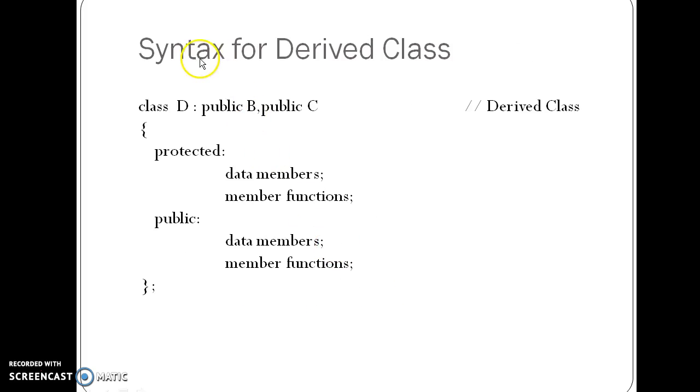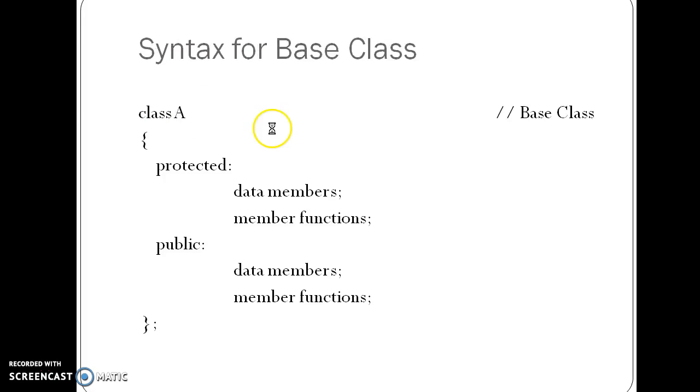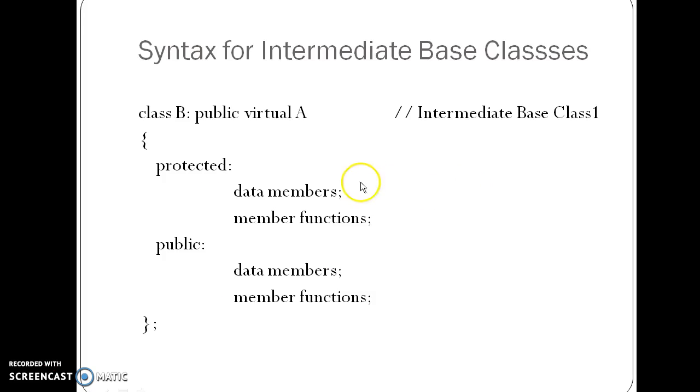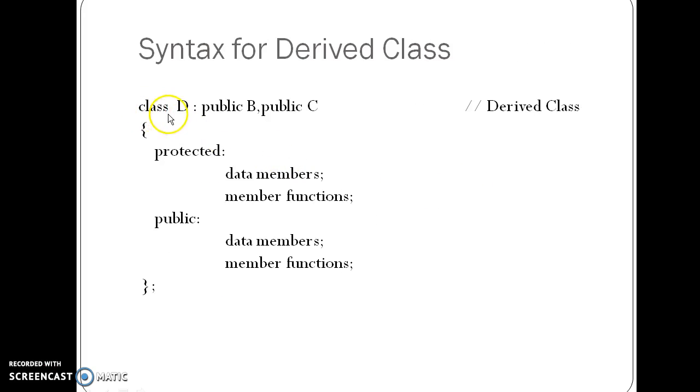And finally, whatever child class we got from the intermediate base classes, this is the definition for that derived class. Class D is the name of this child class, which is derived from public class B and class C. So the definition is like class D, colon, then public B comma public C. Number of classes are separated by giving the comma, then open curly bracket.